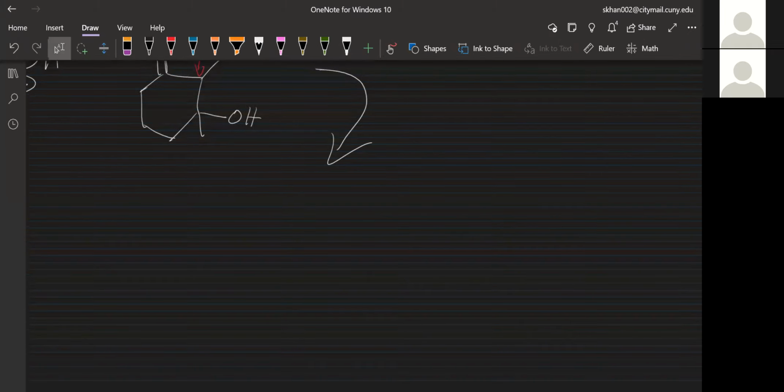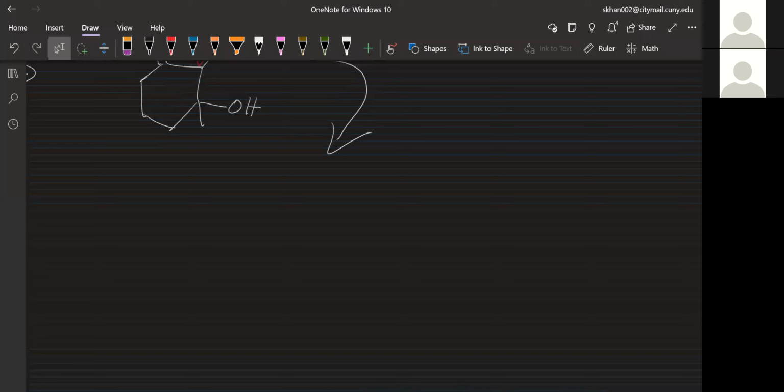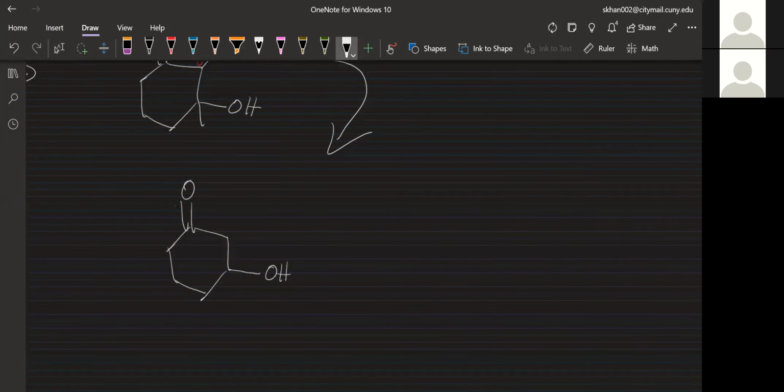our conjugate base or carbanion, whatever you want to call it. Right, that's where our carbanion is now. And now the final step is kicking off OH, forming our double bond.